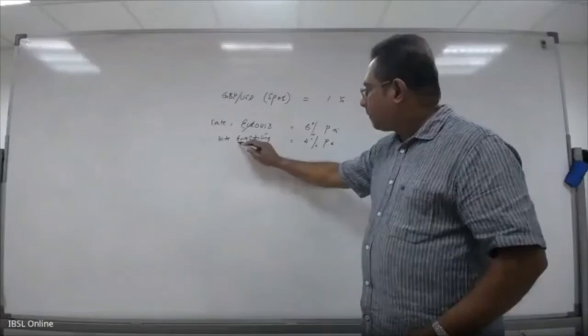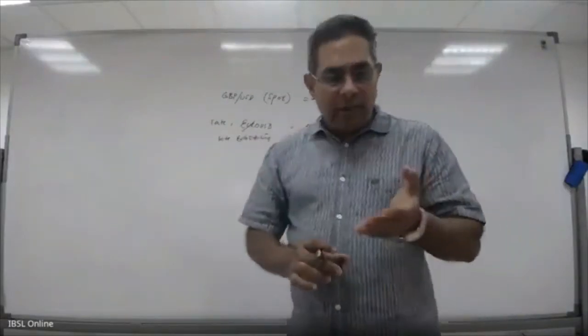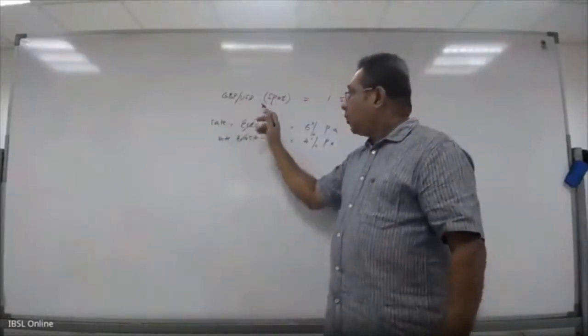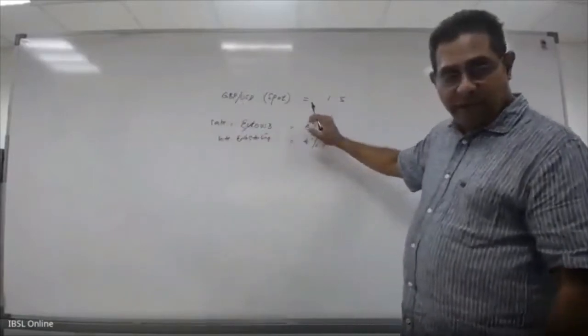Right. So rate of interest for dollars is 6%. Rate of interest for sterling pound, meaning Great Britain pounds, is 4% per annum. The spot rate of GBP to USD is 1.5.